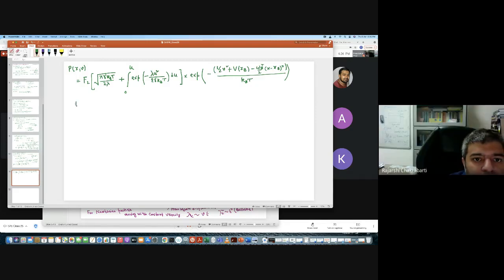Then, if I do it explicitly, if I do this at x equal to xb, what I'm going to get? I'm going to get this is f2. Look at it.